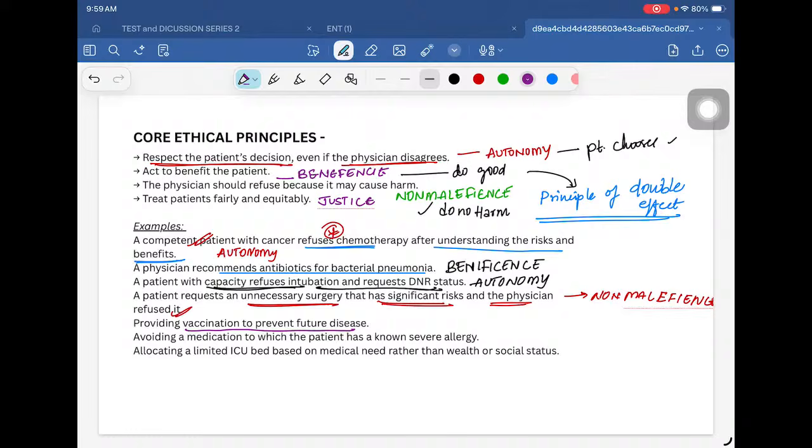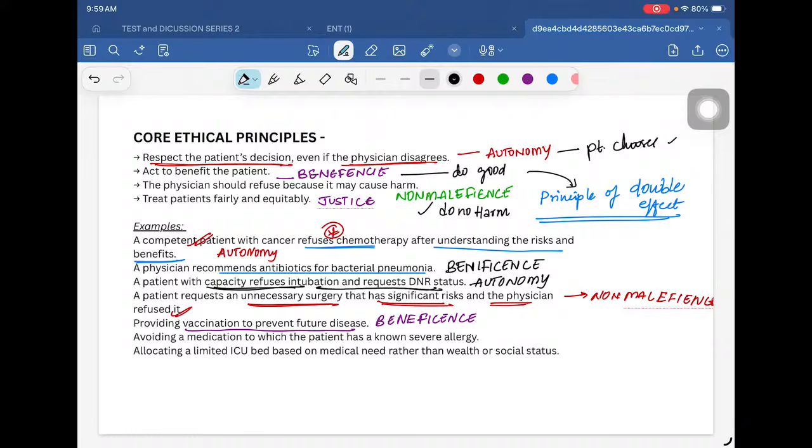There's primary, secondary, tertiary level of prevention. If you're providing vaccination, this is primary level of prevention. The core ethical principle here is, very good, beneficence, because you want to do good to the patient.